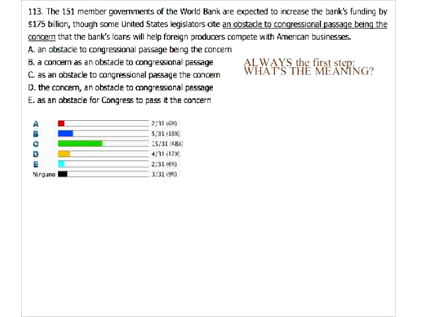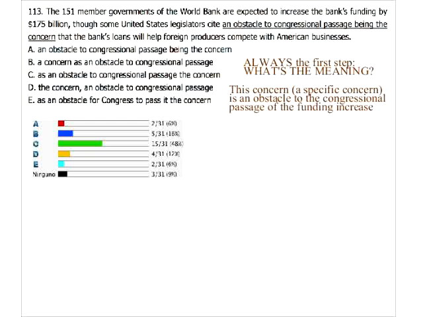So the meaning of the sentence is that this concern, which is a specific concern about the bank's loans doing whatever, is an obstacle to the congressional passage of the funding increase.